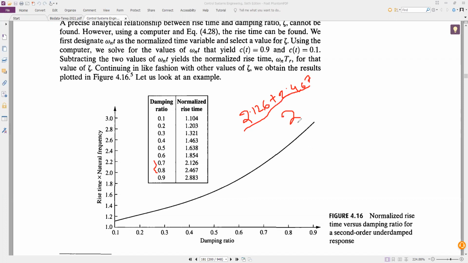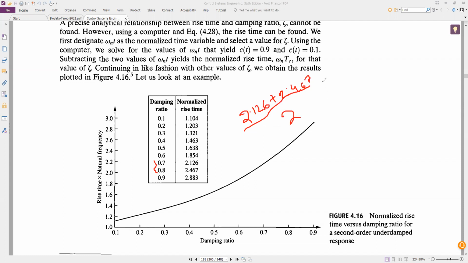So what will you get? 2.126 plus 2.467, that is 2.29.